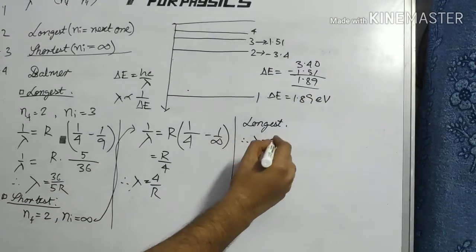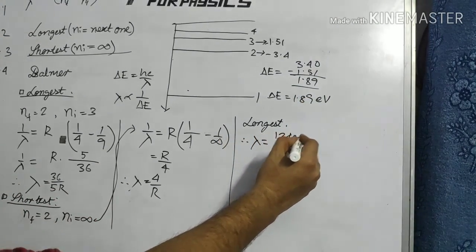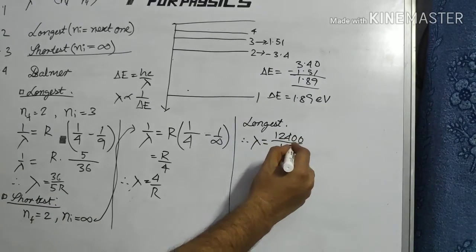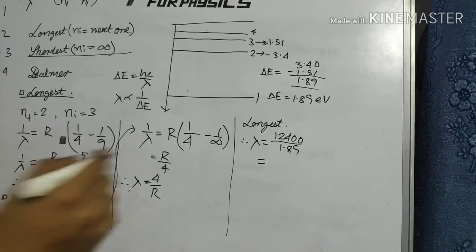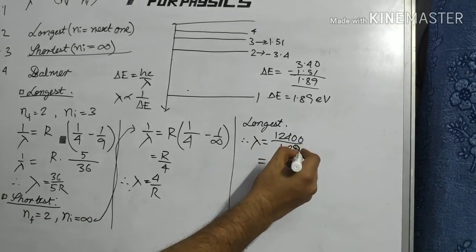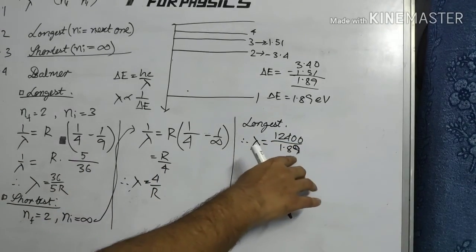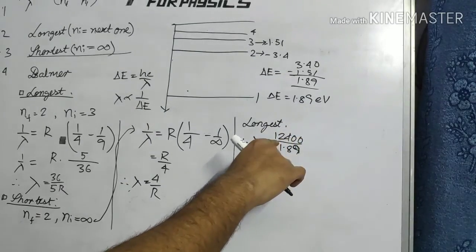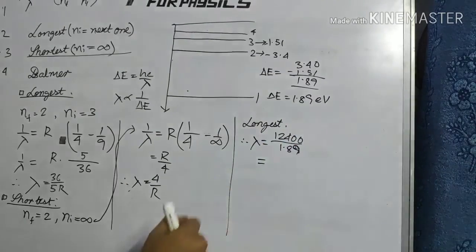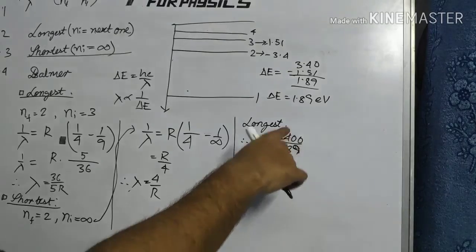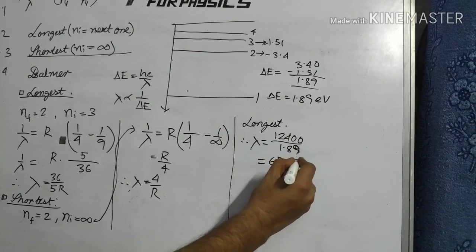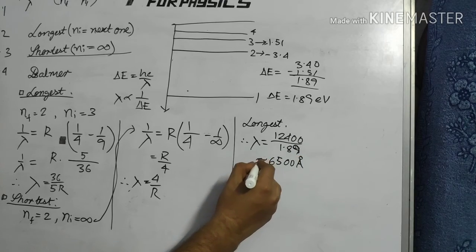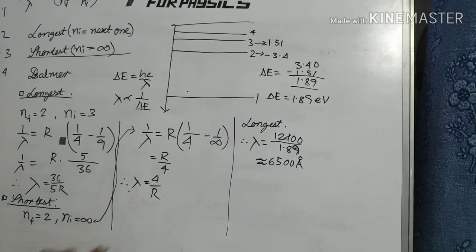Hence lambda would be 12400 by 1.89, and we will get the value in angstrom. So if it was 2, it would be 6200. It is less than 2, so it will be a little greater than that. Let's take it 6500. This is an estimated result.